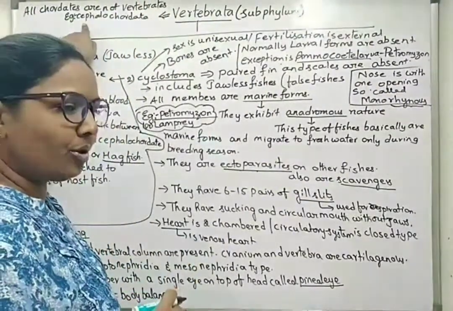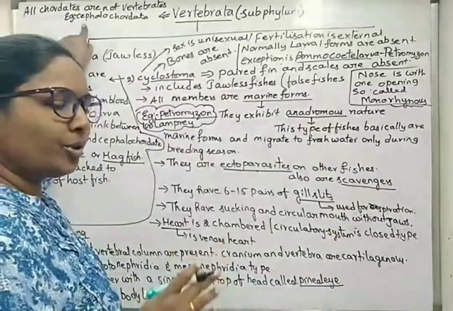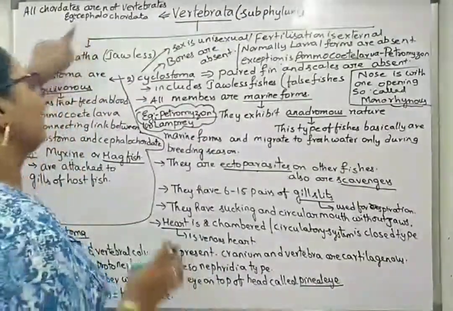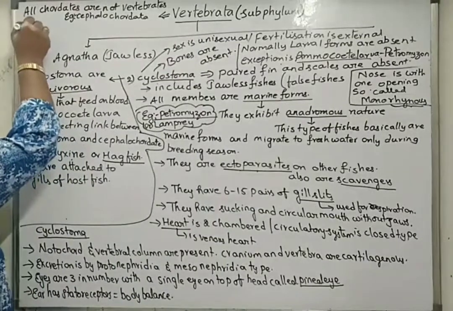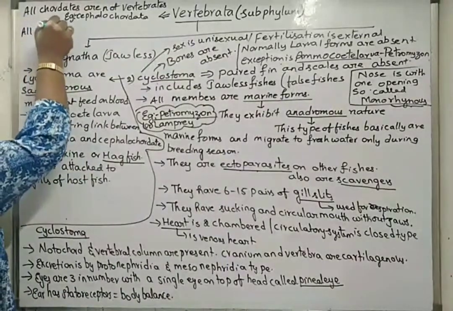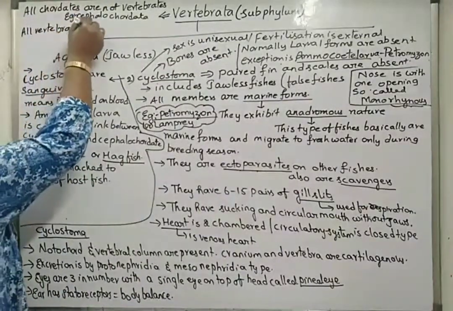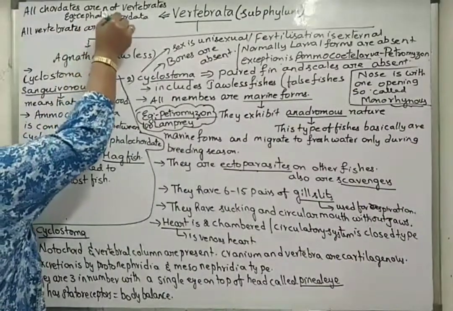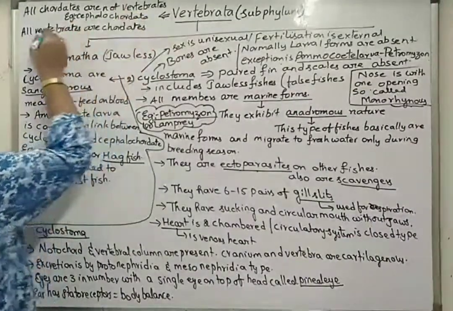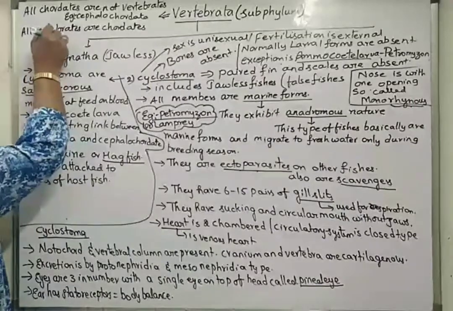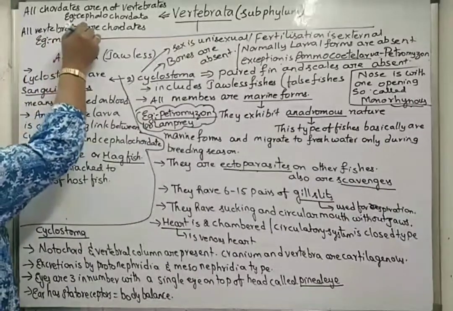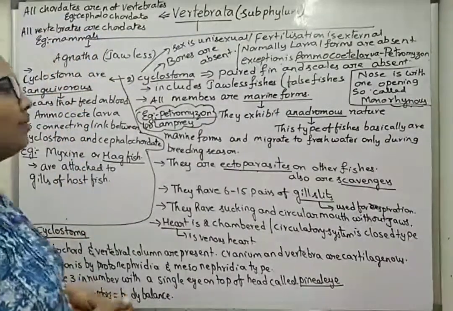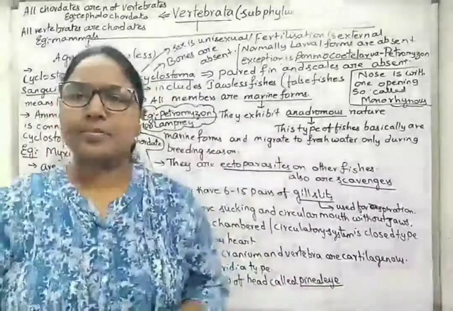It has notochord, not the vertebral column. Notochord is present throughout its lifetime. All vertebrates are chordates. Here, a highly developed example we can say is mammals. We belong to Chordata.